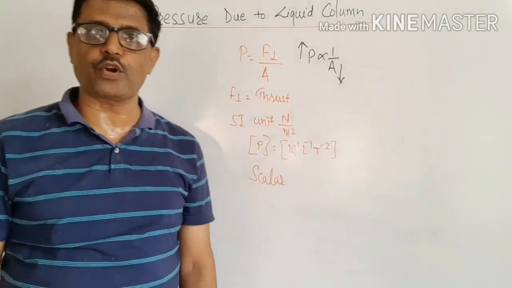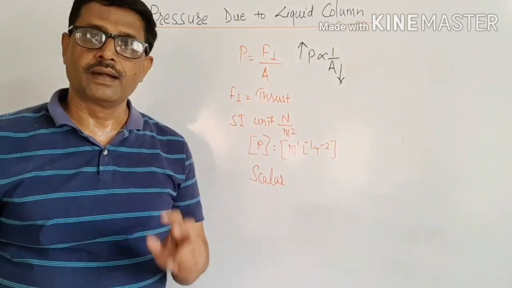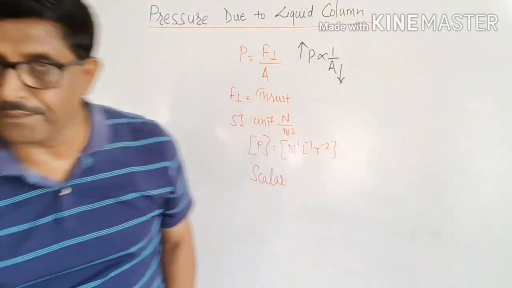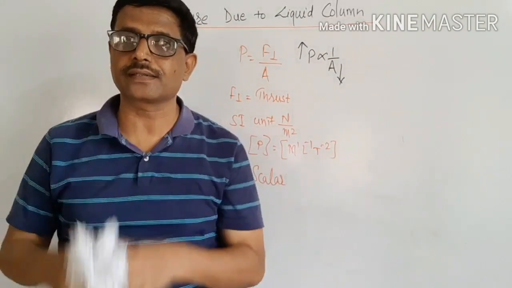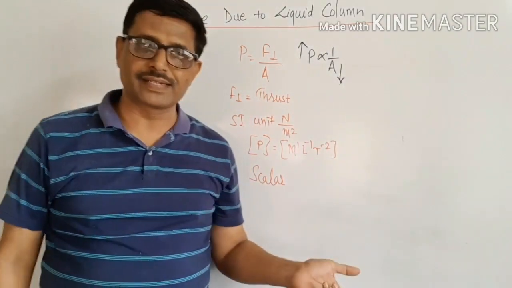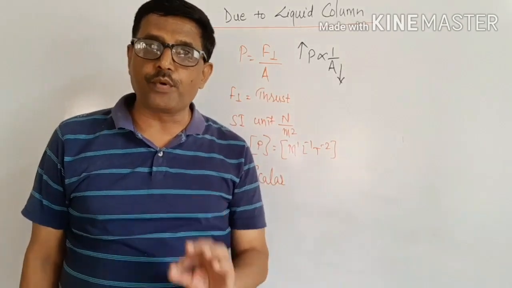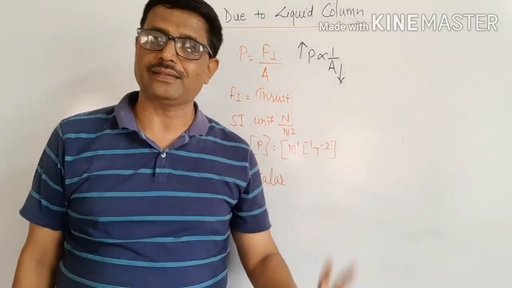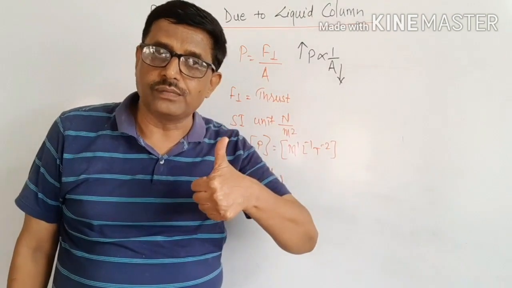Pressure plays very important role. The substances which can flow are called as the fluids. Liquids and gases are the fluids. The important property of a fluid is that it can flow.